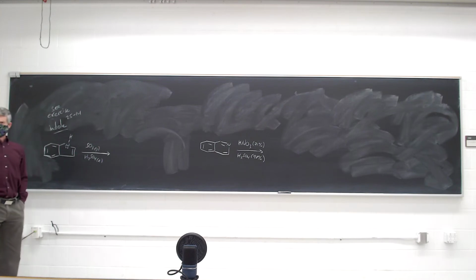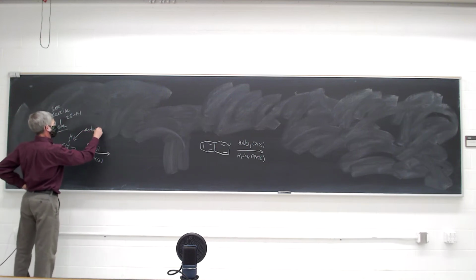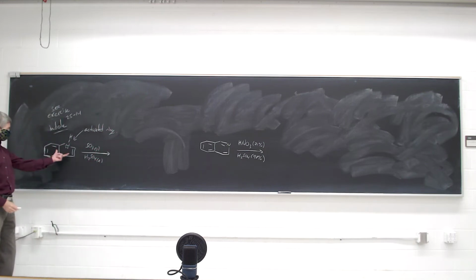So how did you approach this one? What did you do? This is the one that I didn't go over in class. The first thing to realize is that the 5-membered ring is activated relative to benzene for the same reason we just discussed, right?